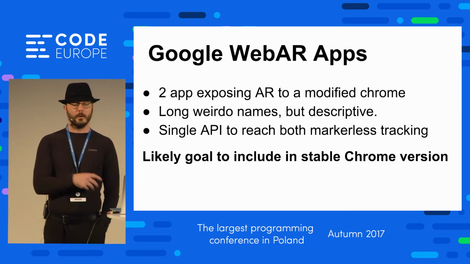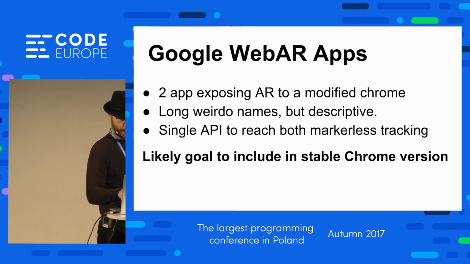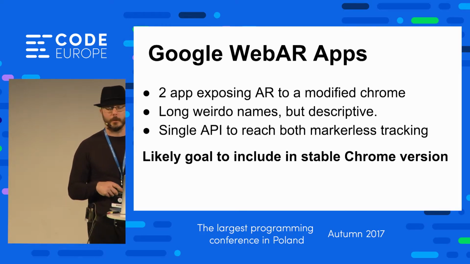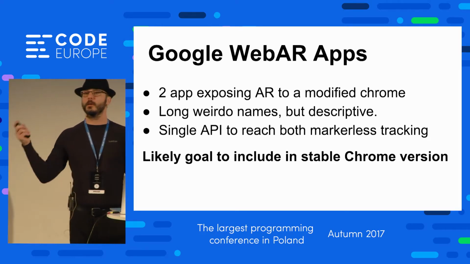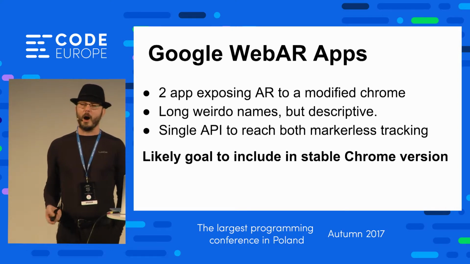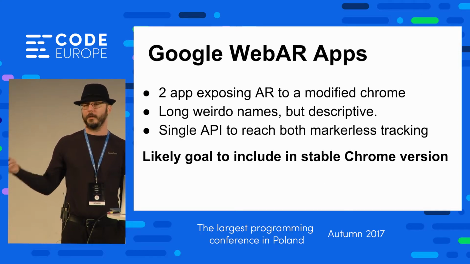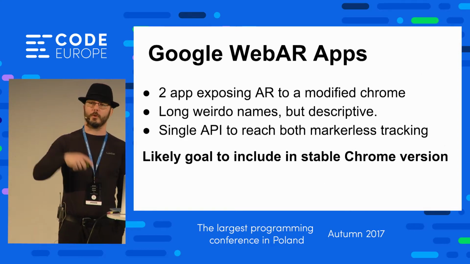On iOS, they published something called WebARonARKit. This is the actual name of the application. On Android, they published WebARonARCore. Both are Chrome programs modified in order to read ARCore and expose it to the web.